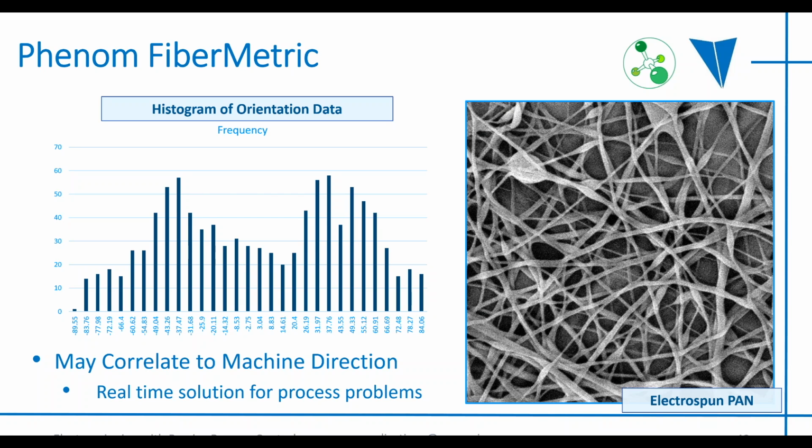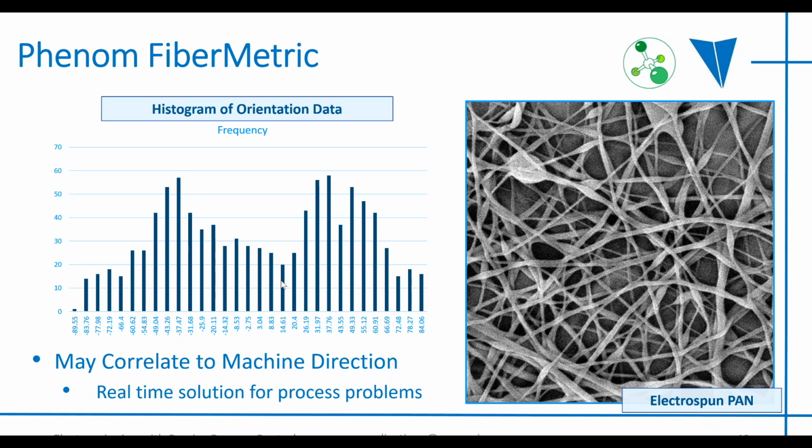These PAN fibers were actually spun on a slow-moving drum, and one thing that's interesting to note is that the fibers themselves look pretty randomly distributed, but if you plot the histogram of their orientations, you do see a pretty clear preference towards what is most likely the machine direction and the cross-machine direction.